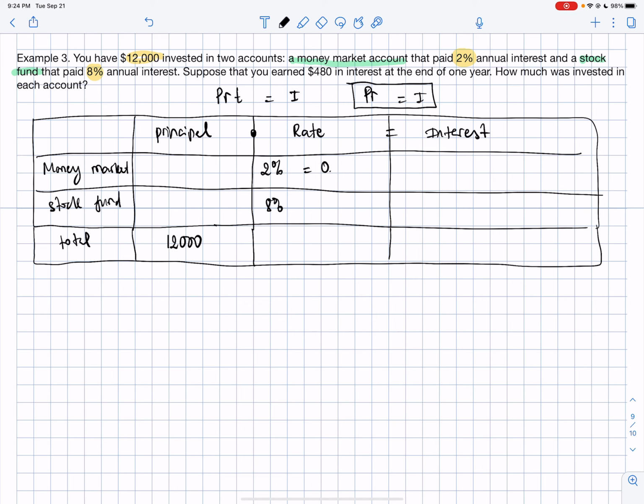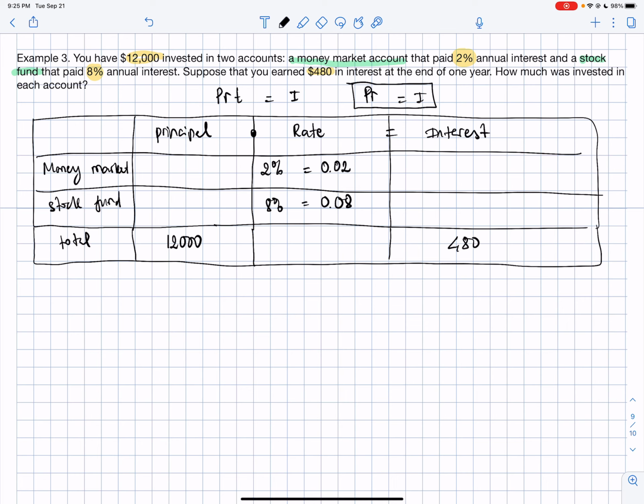We convert it into decimal by dividing by 100. That will be 0.02, and we get 0.08 for 8%. And this number, 480, is the interest. This is the interest for both accounts. So we have 480 in here.